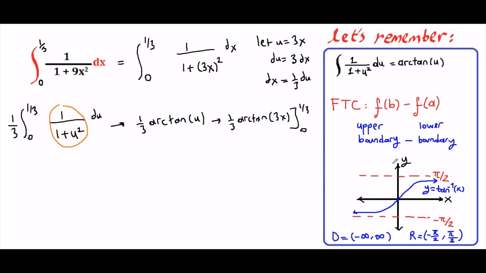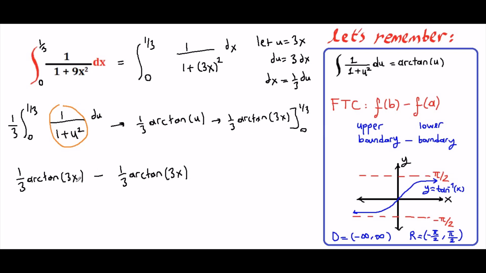Now we can apply the special values of arctangent. Here we are going to apply the first fundamental theorem of calculus, upper boundary minus lower boundary. So we have 1/3 arctangent of 3x minus 1/3 arctangent of 3x.